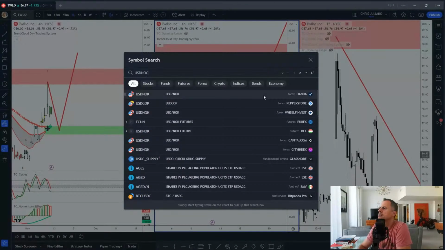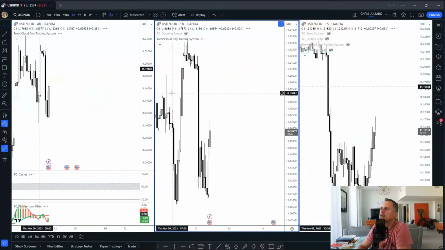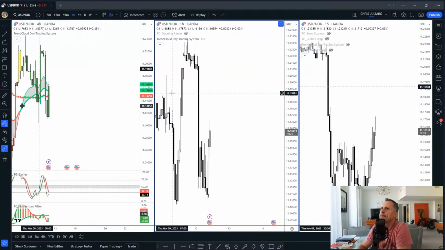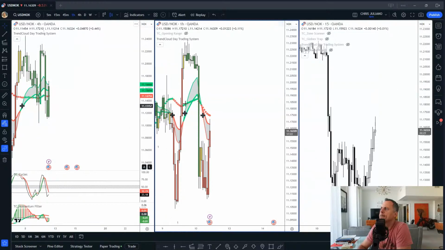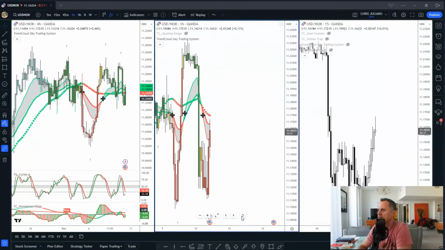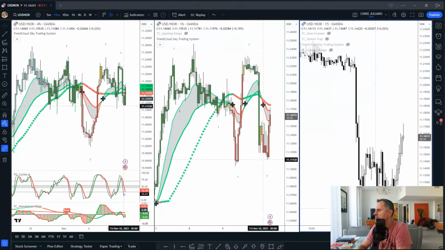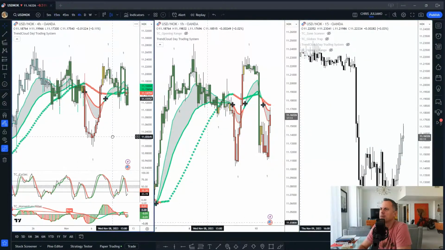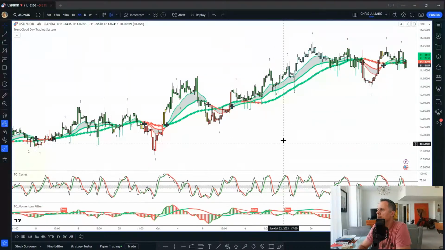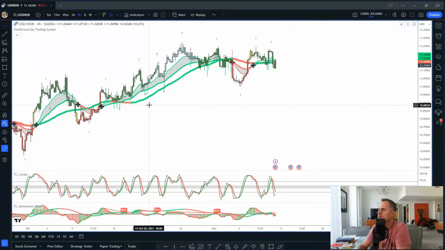USD knock. All right, let's recalculate here. Whoa, nice sideways movement. Let's open it up. What do we got?